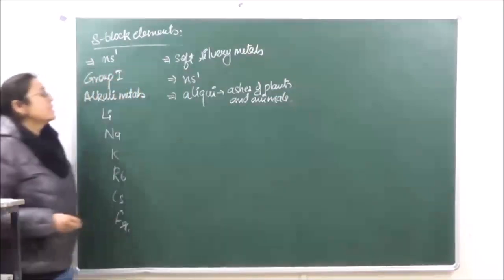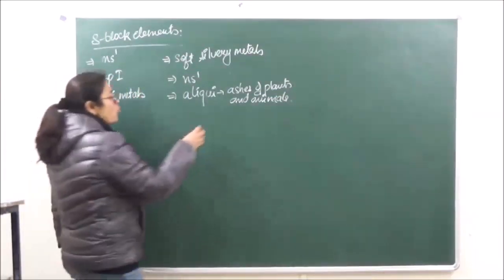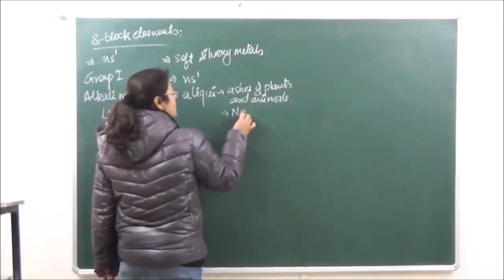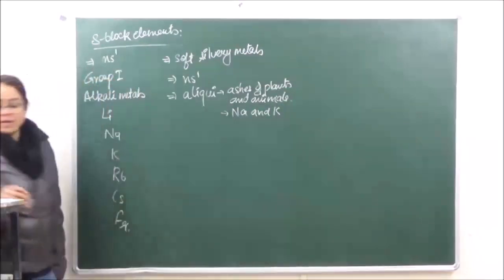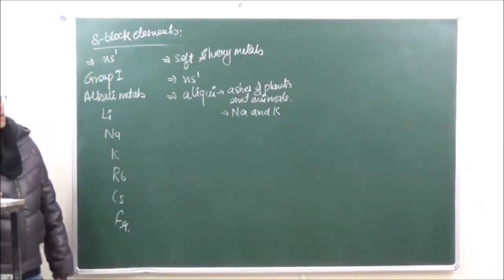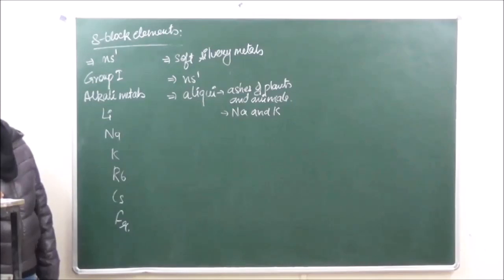Why did they get this name? Because 2 members of this family, sodium and potassium, are generally found from the ashes of plants and animals. So that is how they got the name alkali metals, from the word eliqui.